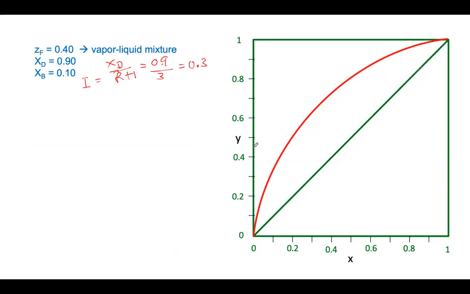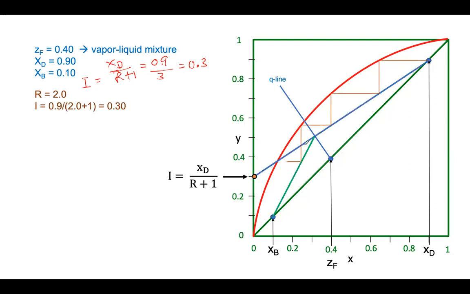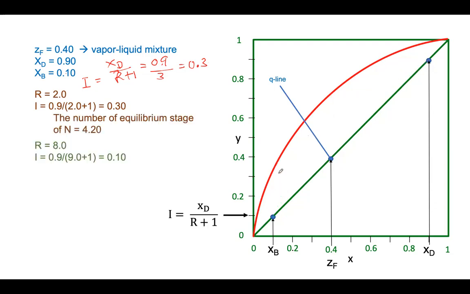No. Okay, let's say what happens if the intersection is 0.3. Counting 1, 2, 3, 4, 4.2. So the number of stages is 4.2.